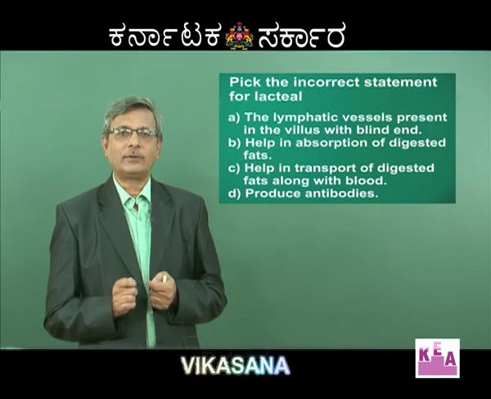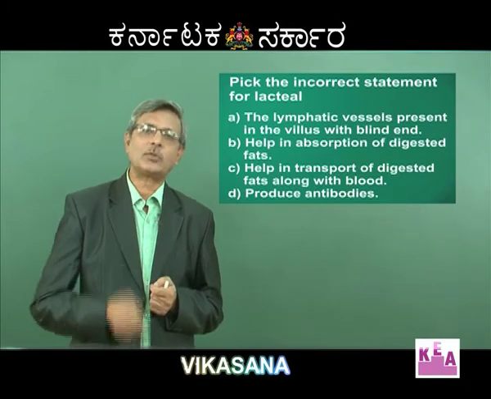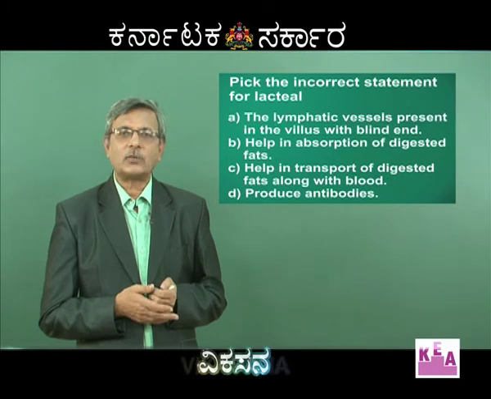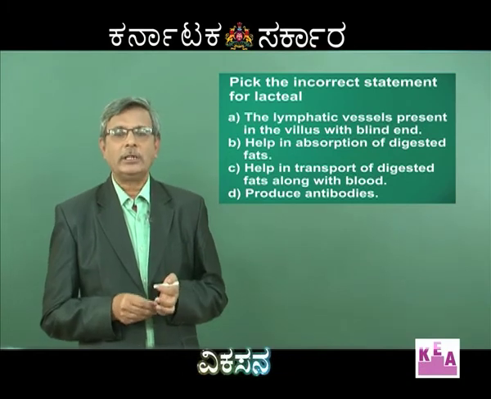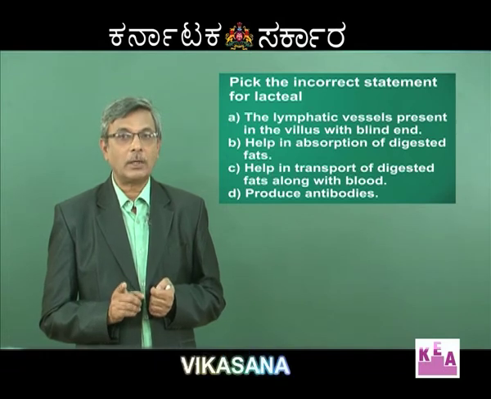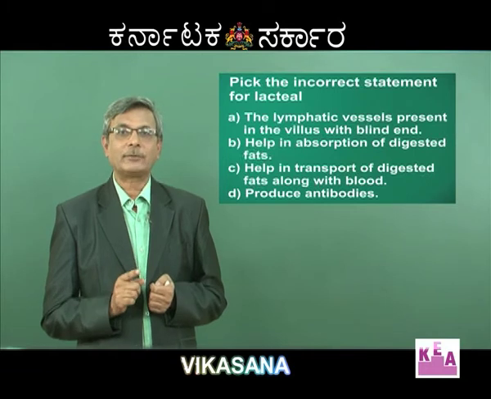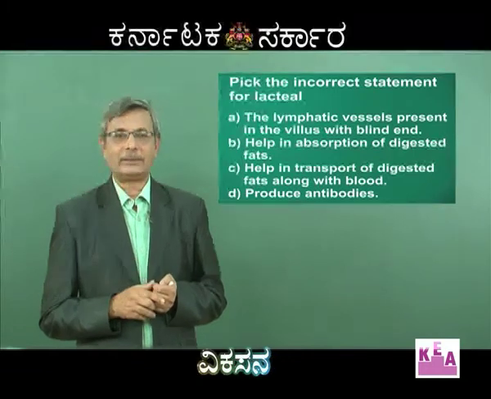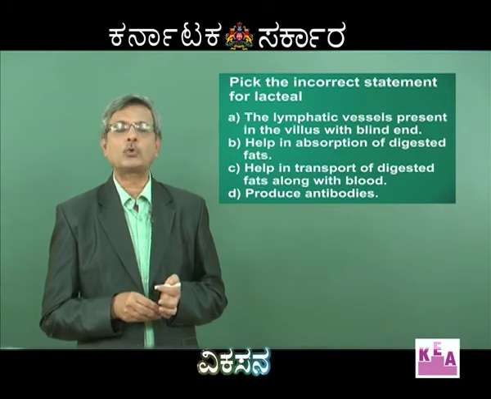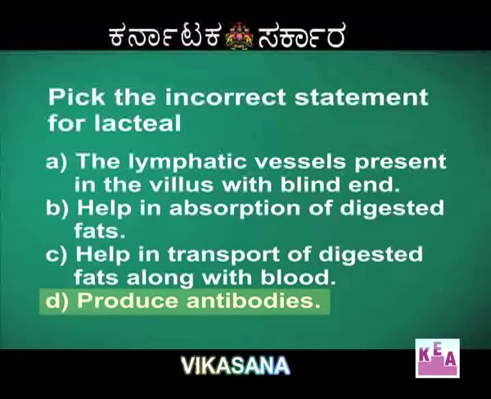The lymph present in the lacteal not only helps in absorption of the digested fat in the form of chylomicron, it is also going to transport it. Of course, remember, digested fat is transported both by lymph and the blood. Last one, produce antibodies. So, option 4 is not correct. Thereby, that is our answer here.